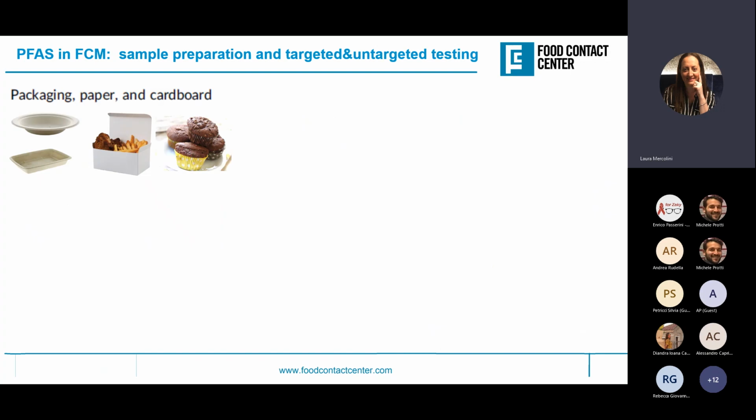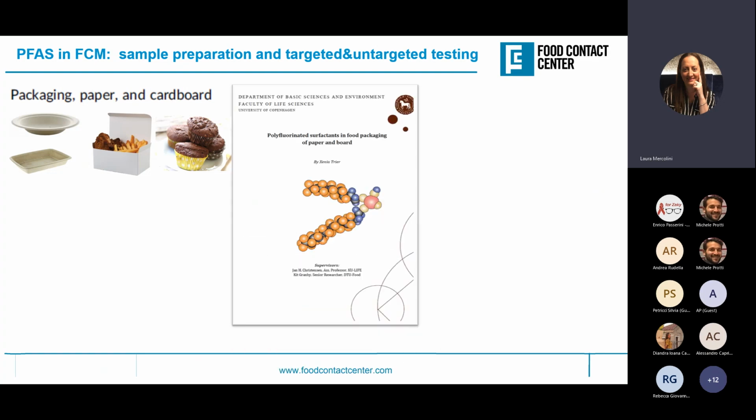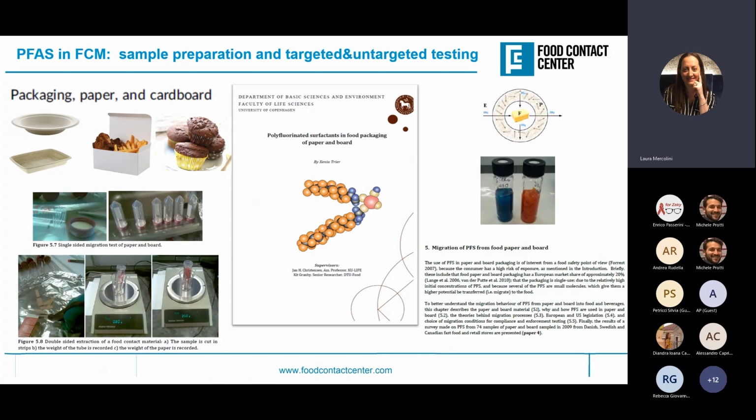Now I will focus a little bit more of the attention on paper materials. About paper and board, every lab in our field is referring to the literature, to the papers that refer to the research of Xenia Trier. This is the first work that was describing the extraction of the sample. Anyway, the approach is the same, so methanol extraction.